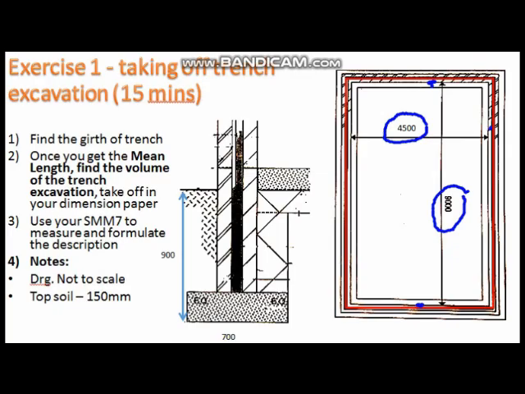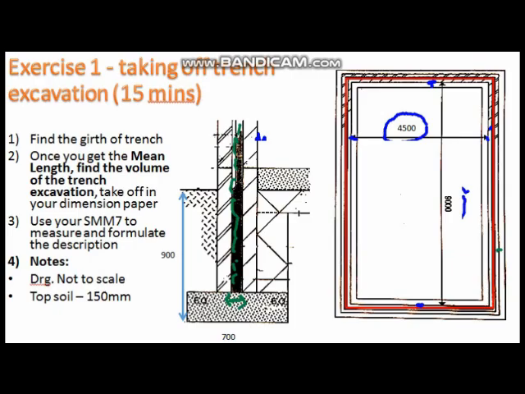Same goes to the breadth, from this internal wall to the other internal wall is 4500, meaning your perimeter only stops there. But what you really want is the average perimeter, meaning between this cavity wall. Meaning that what you need is the perimeter between this cavity wall.